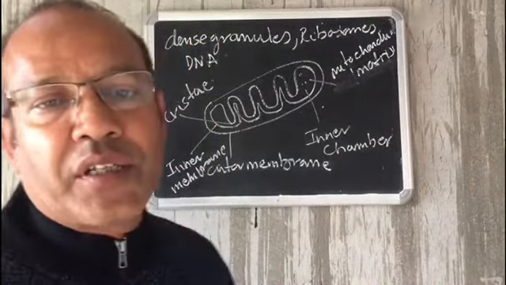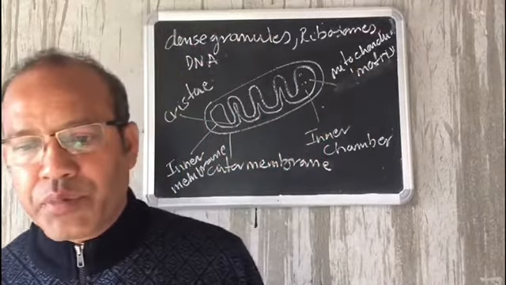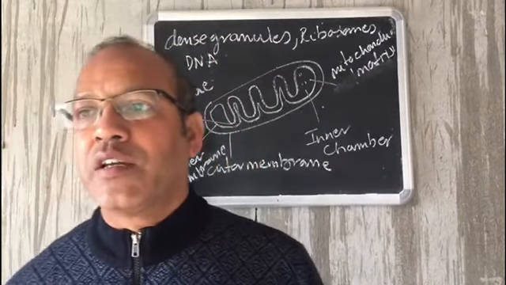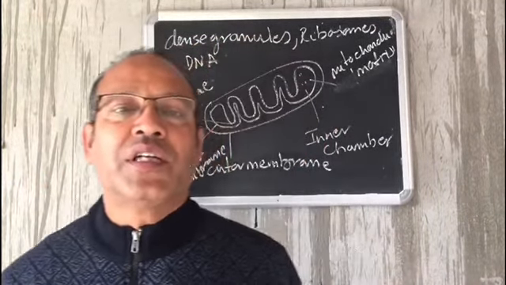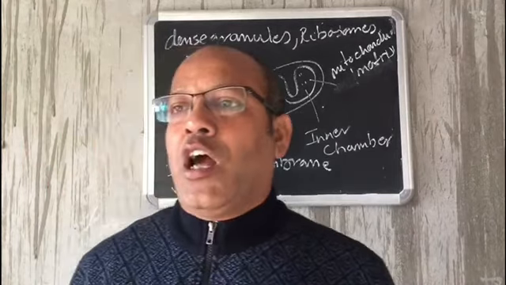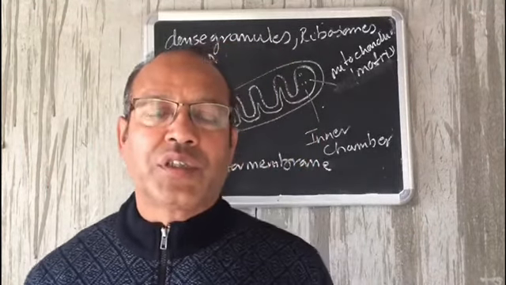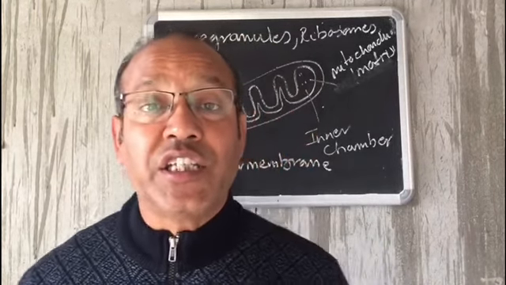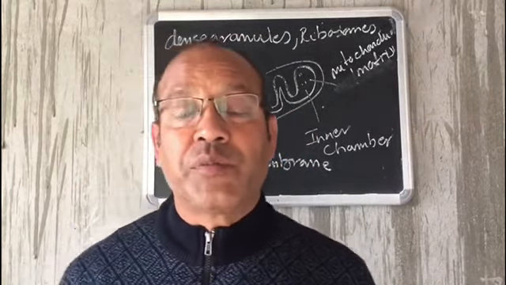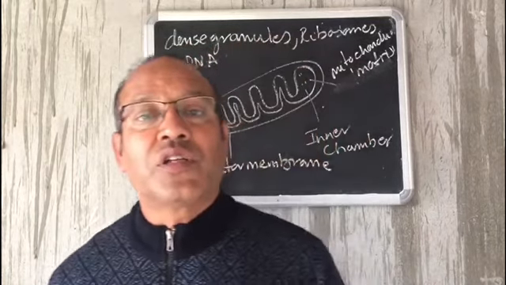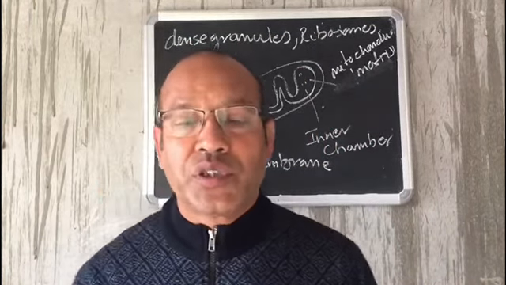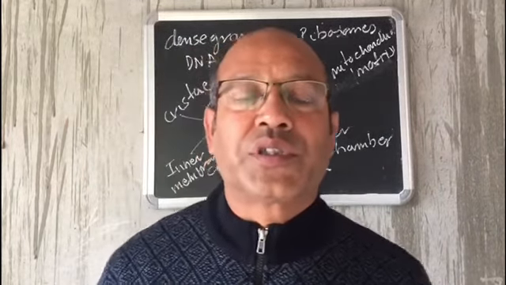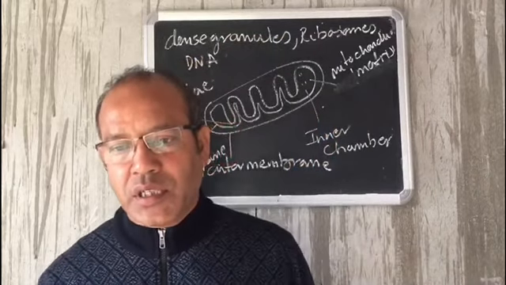This is one of the unique things about mitochondria, that mitochondria possesses its own DNA. That is why, for a long period of time and still today, mitochondria is considered to have once been an independent organism, an independent entity by itself, able to reproduce by itself. But later, in the course of evolution, it got associated with the cells, and now it goes along with the cells.